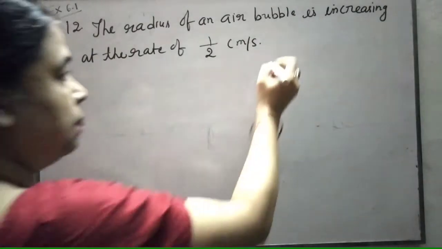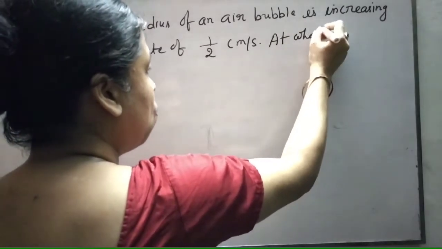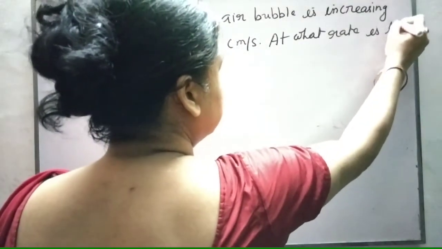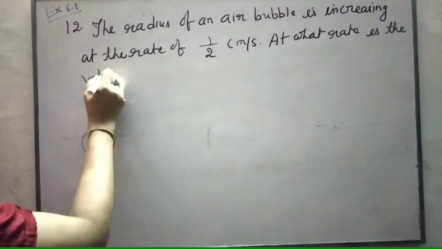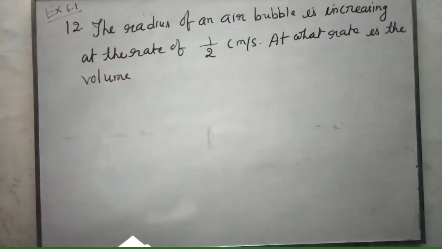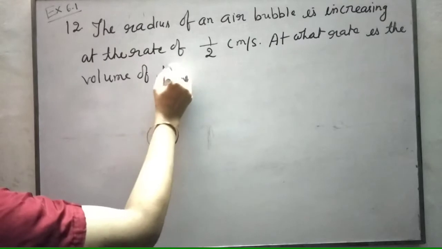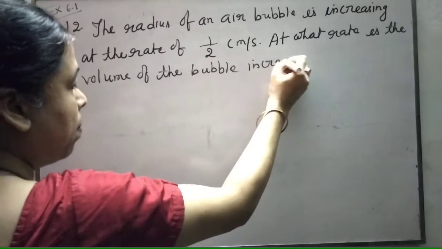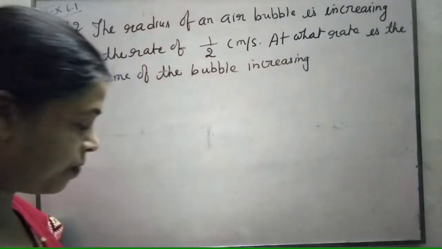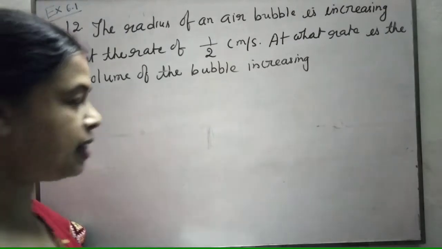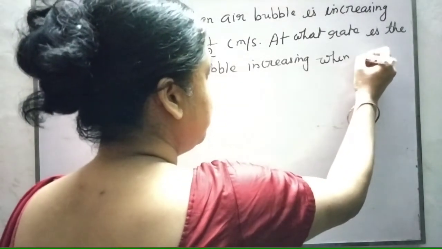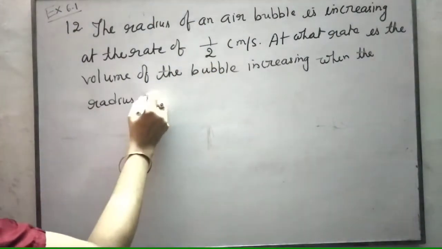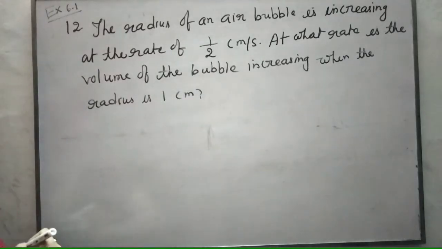At what rate is the volume of the bubble increasing when the radius is 1 centimeter? So what is given here?